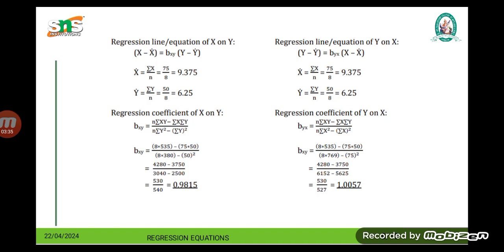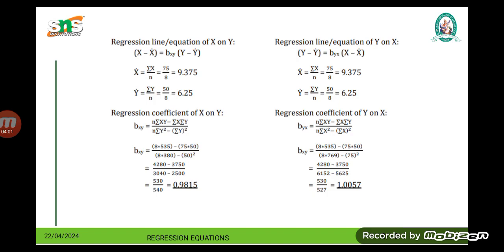So x bar is calculated using summation x by n, that is 75 by 8. Y bar is equal to summation y by n, that is 50 by 8. Similarly, here also we will get the x bar and y bar. The regression coefficient of x on y, bxy, can be calculated as n into summation xy minus summation x summation y, divided by n summation y square minus summation y whole square.